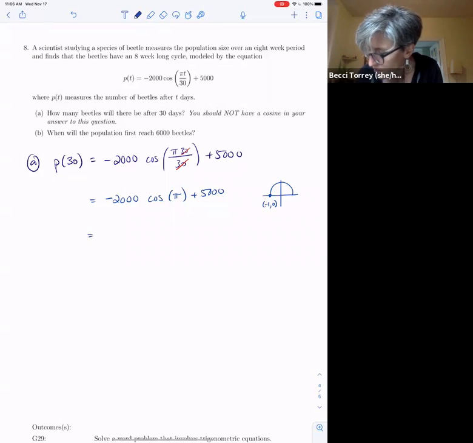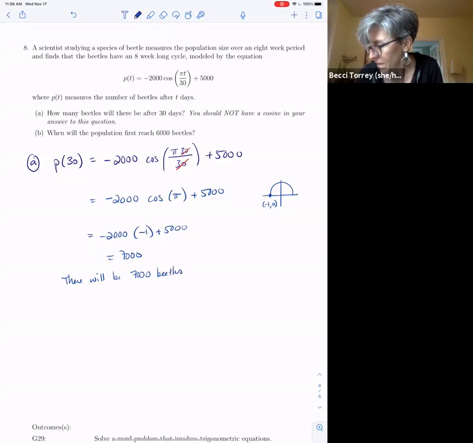So this is equal to minus 2,000 times minus 1 plus 5,000. And minus minus is plus, so this is 7,000. So for part A, there will be 7,000 beetles. That's a lot of beetles. There will be 7,000 beetles after 30 days.